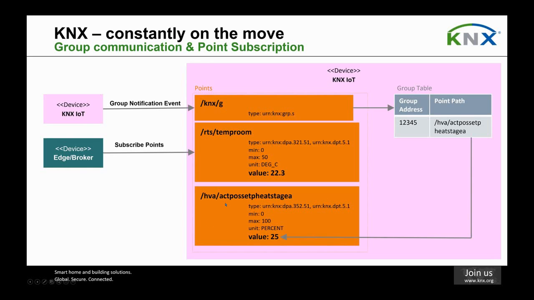So the device informs when these values change. It notifies the broker of any change. And of course, there can also be a link between this block and this block.